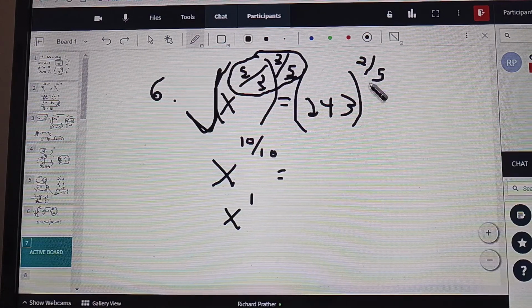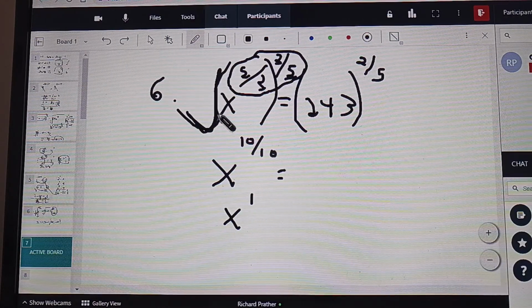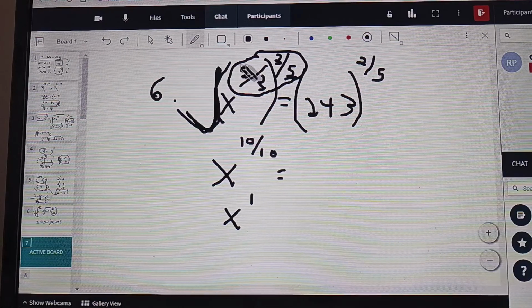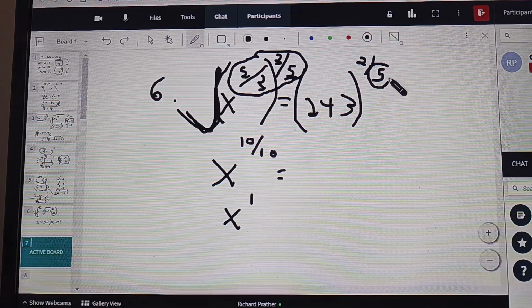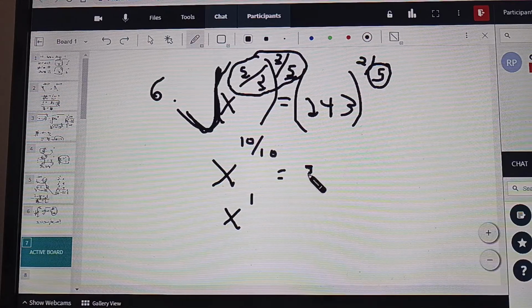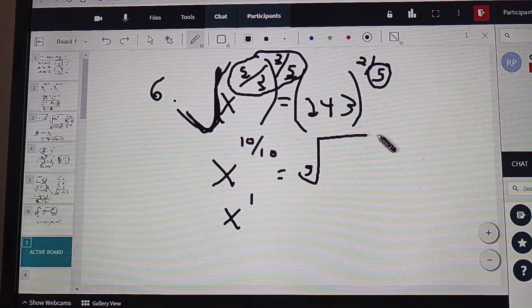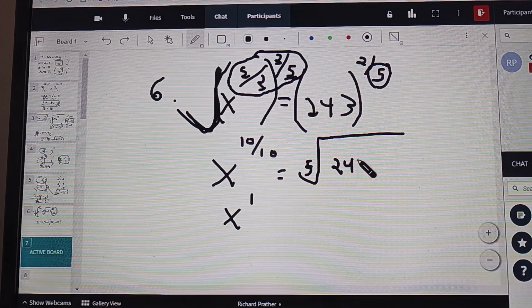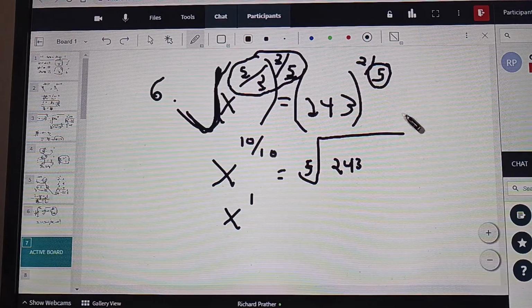Now it turns out that fractional exponents can be radicals, which is why I was starting to write that, but you needed to do this first and get the x isolated. But then this 2/5, it's the denominator of the fraction that goes in the root. So there's a 5th root of 243 squared.